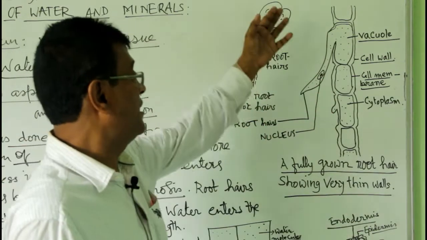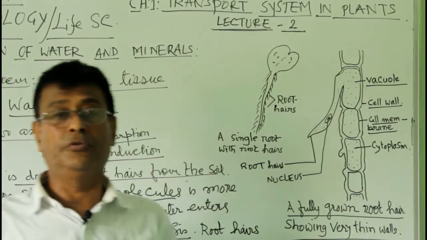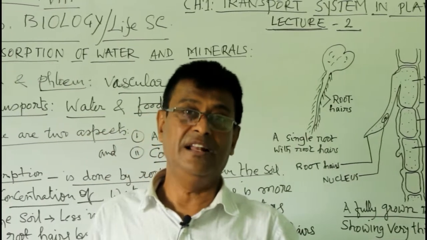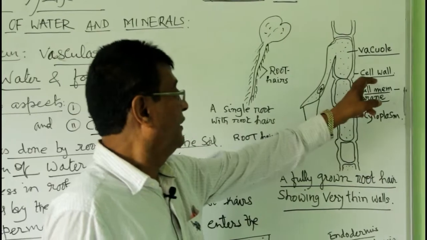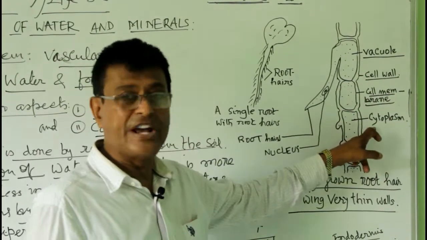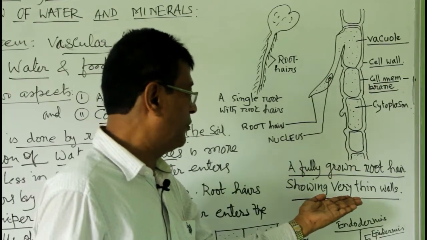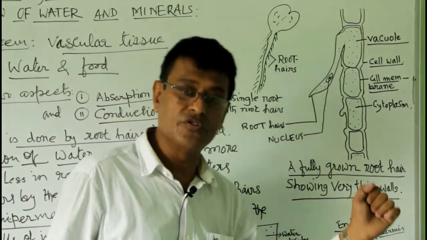So here are the parts given. You see the vacuole. What do you think is the characteristic of the plant cell? A huge vacuole. The cell wall, the cell membrane inside, and the cytoplasm are there, and so you have the diagram of a fully grown root hair showing very thin walls.